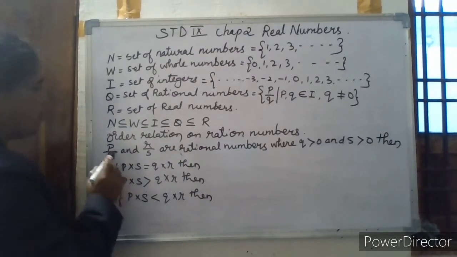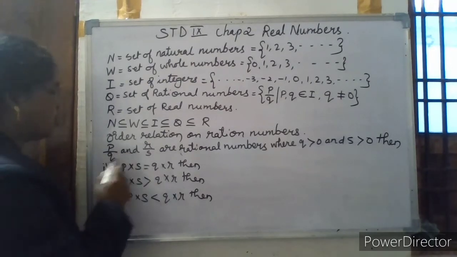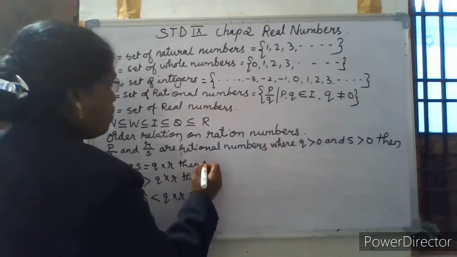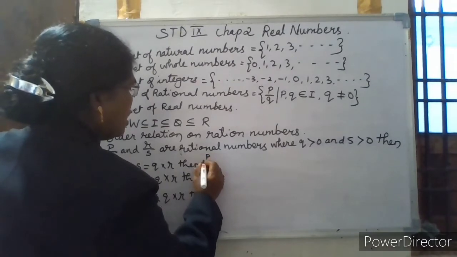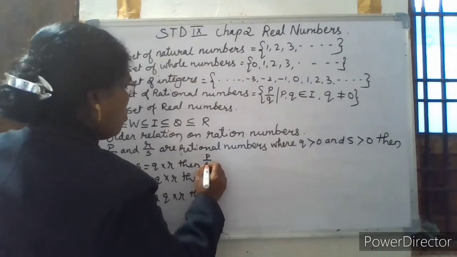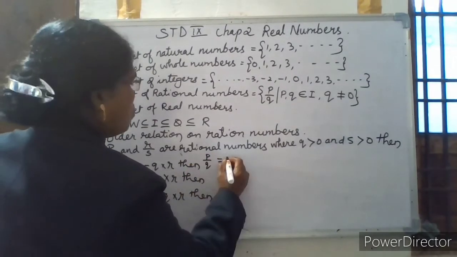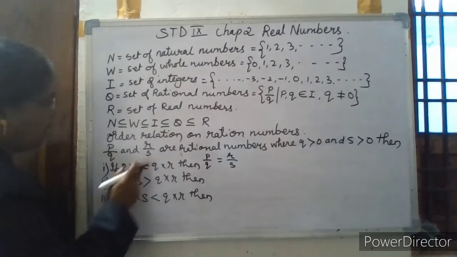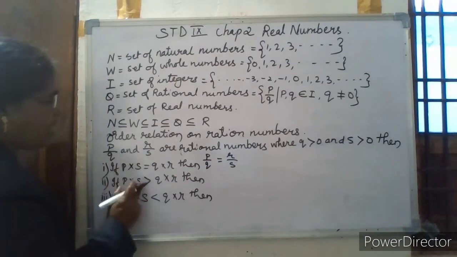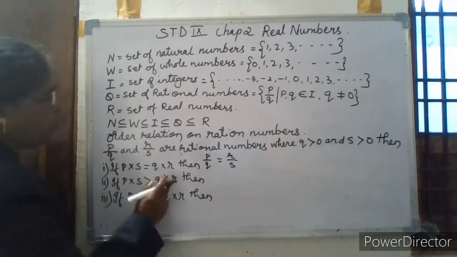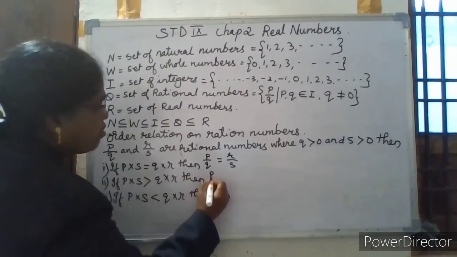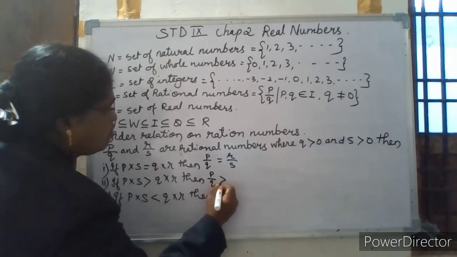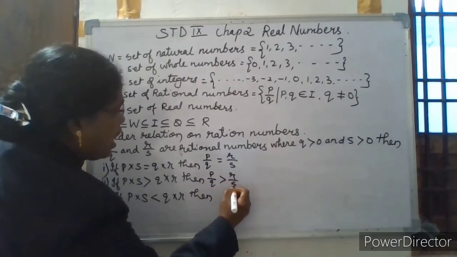Now, if by the cross product p into s is equal to q into r, then p by q is equal to r by s. And if the cross product p into s is greater than q into r, then p by q is greater than r by s.